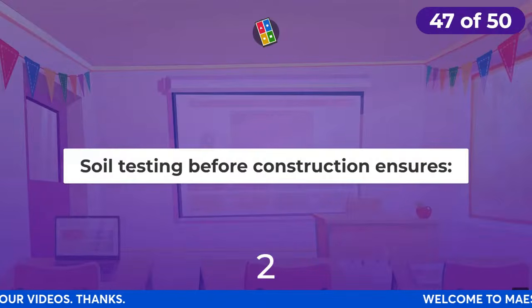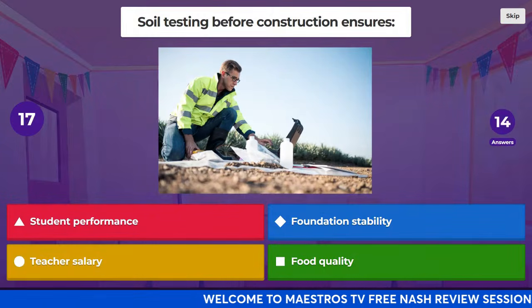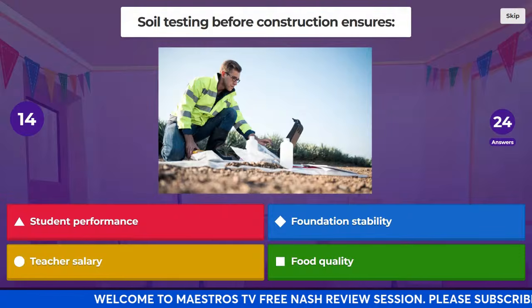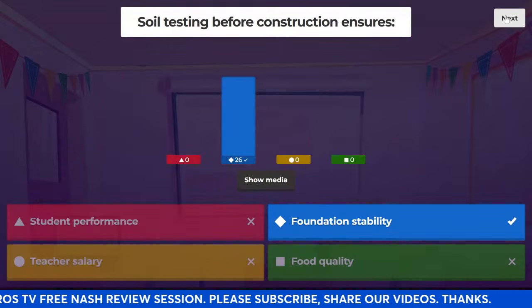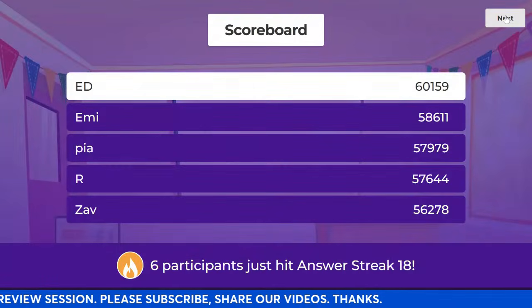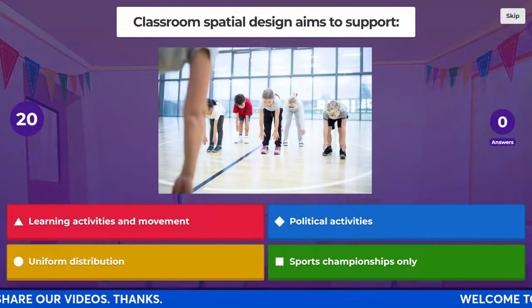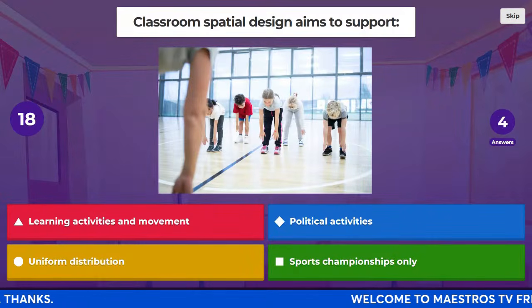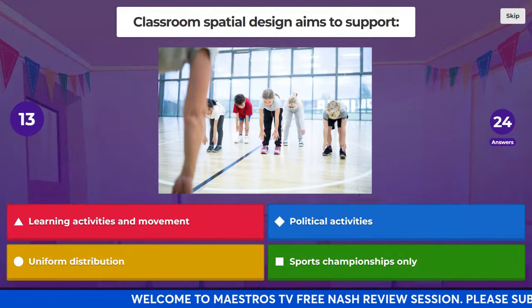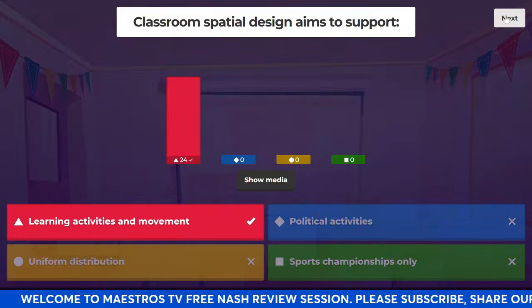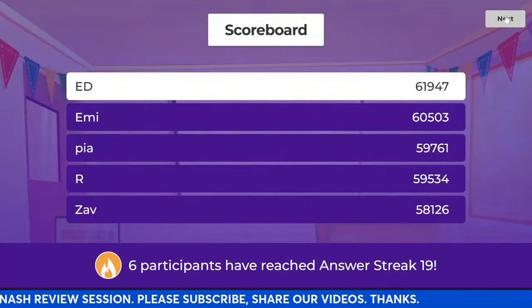Soil testing before the construction of any school building is for foundation stability. 48. Classroom spatial design aims to support the learning activity and movement. Majority got the answer.